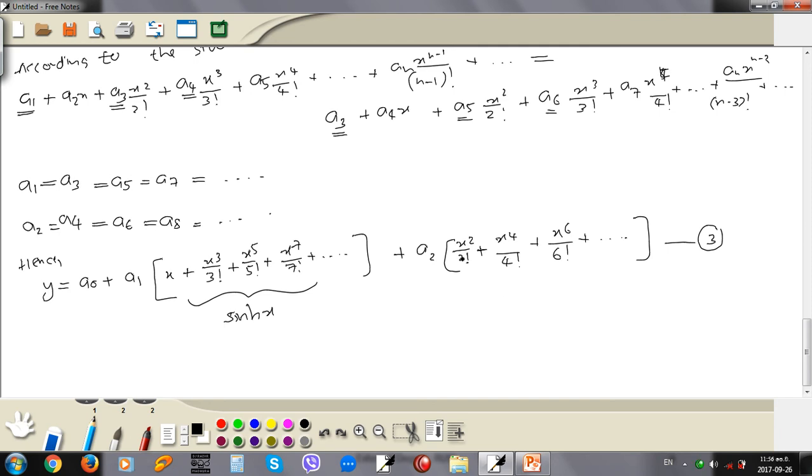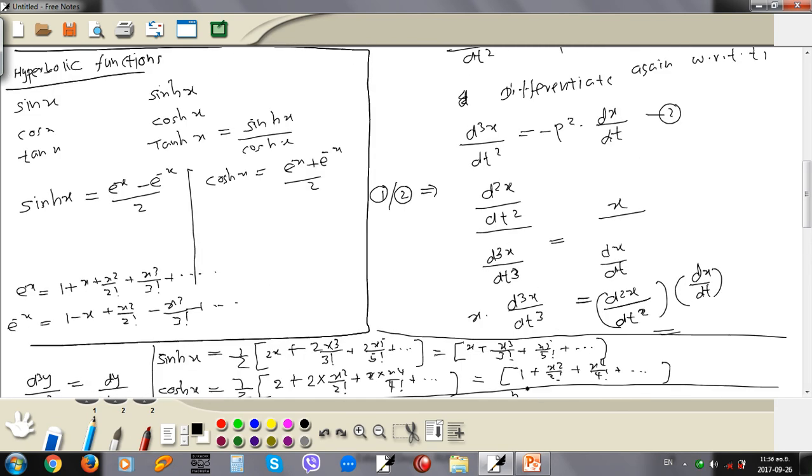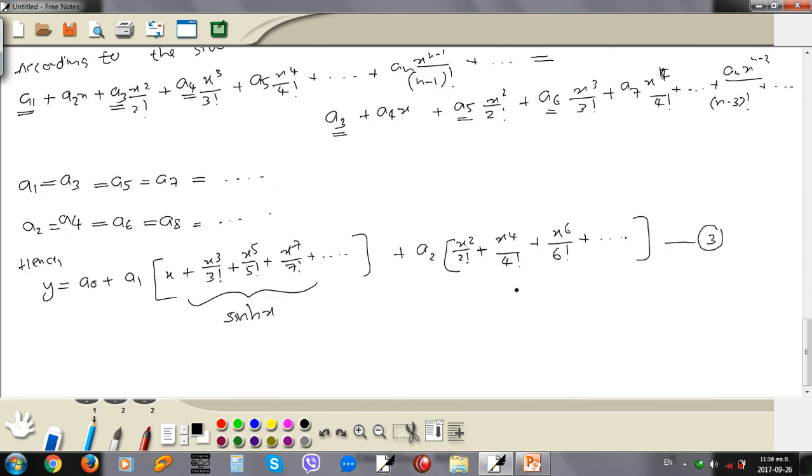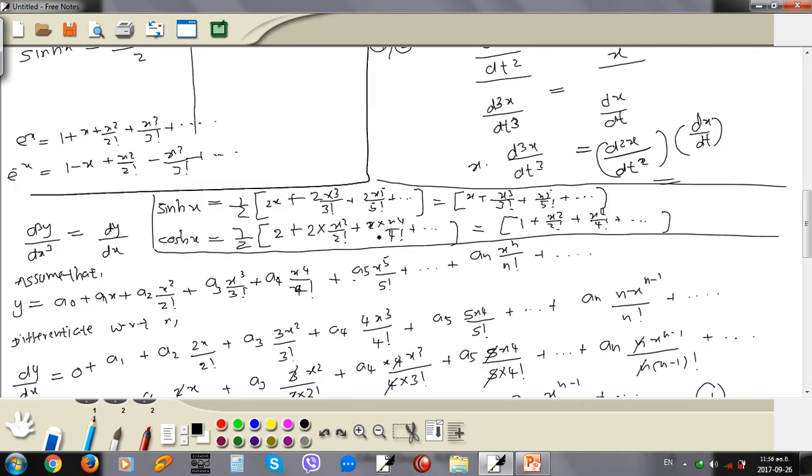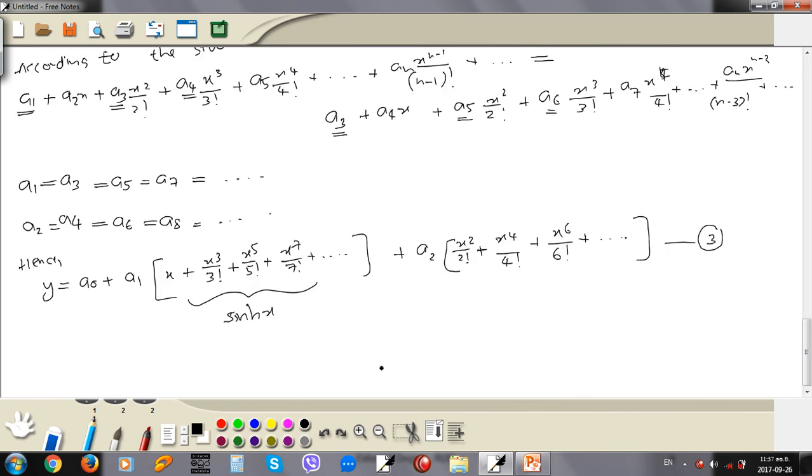But 1 is not there in our series, so we send 1 to the other side, it means cosh x minus 1, because 1 is not there.